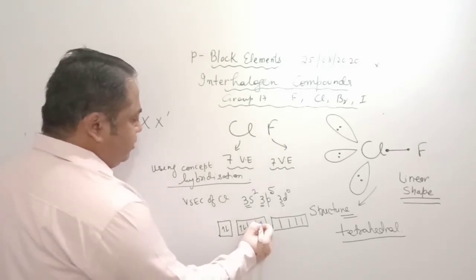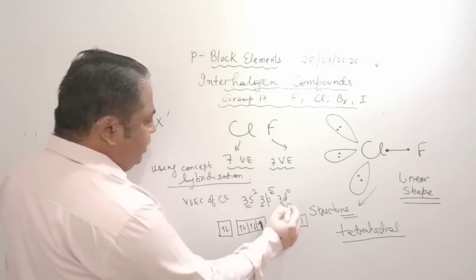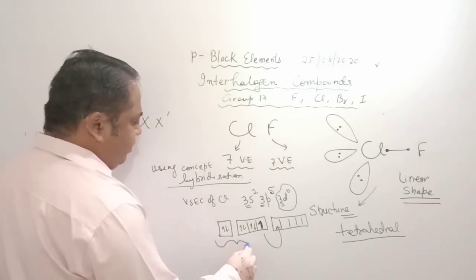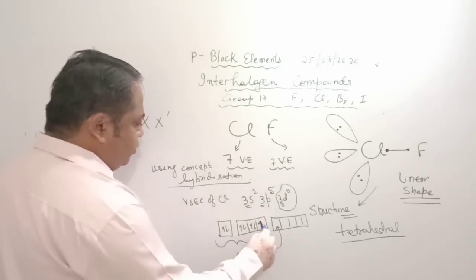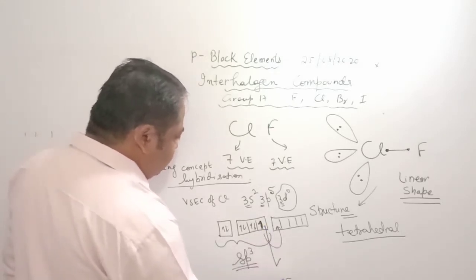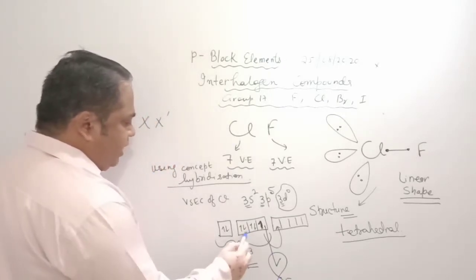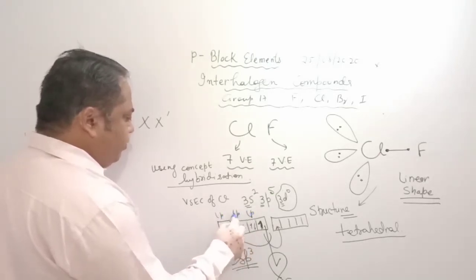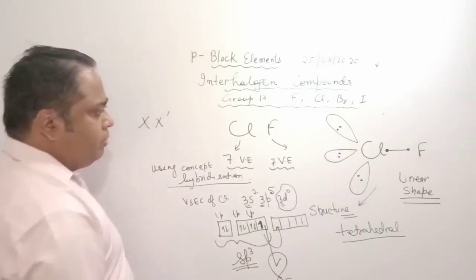It has 1 unpaired electron, so it need not promote its electron to any further orbital. So d is not going to take part. So which orbitals are taking part? 3s and 3p are taking part. This forms a bond with fluorine, and these are the 3 lone pairs. Lone pair, lone pair, and lone pair. This is what is shown over here: lone pair, lone pair, lone pair, and one bond pair.